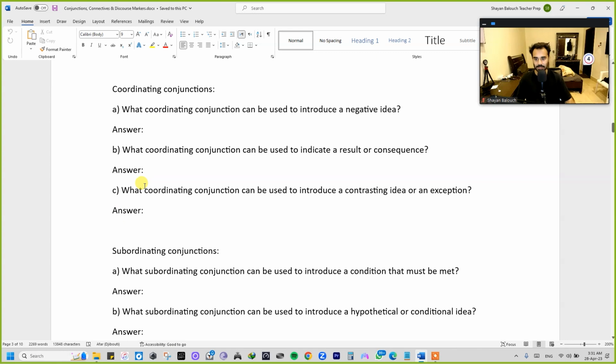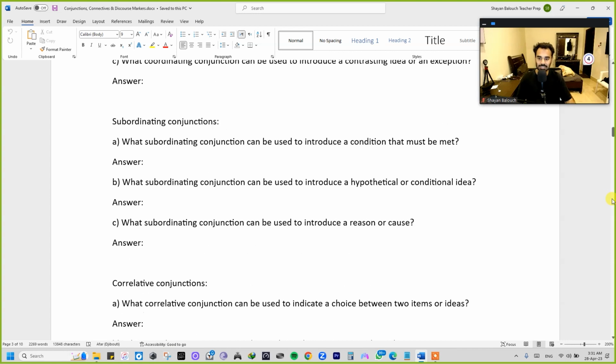Number C, alphabet C, not number C. What coordinating conjunctions can be used to introduce a contrasting idea or an exception? Pause the video, drop down your answer in the comment box. Subordinating conjunctions. Alphabet A. What subordinating conjunction can be used to introduce a condition that must be met?